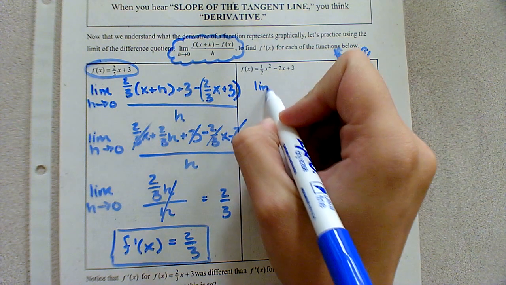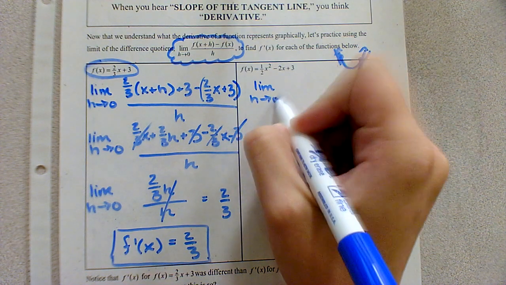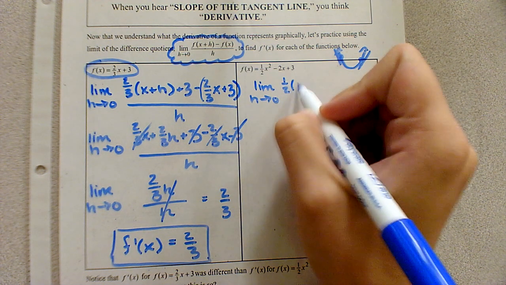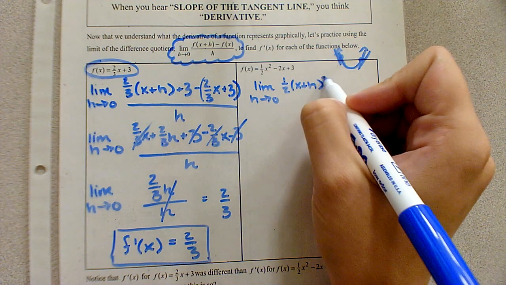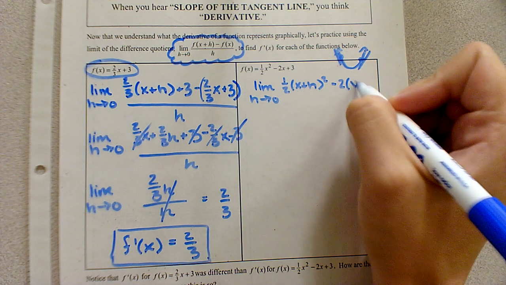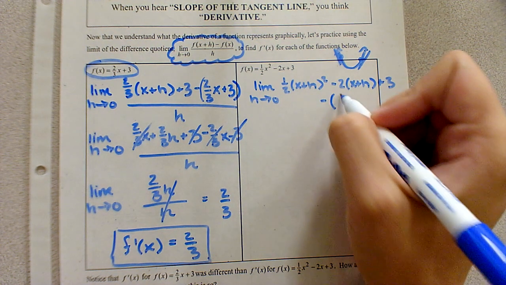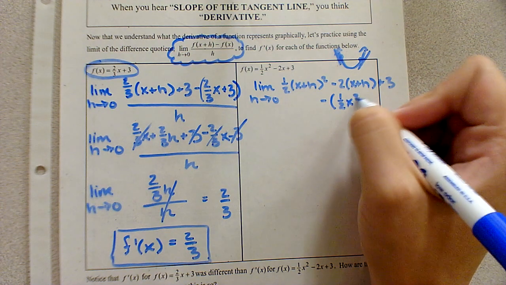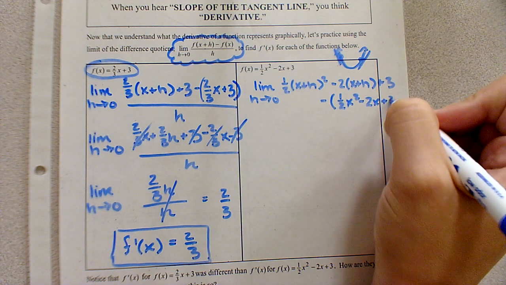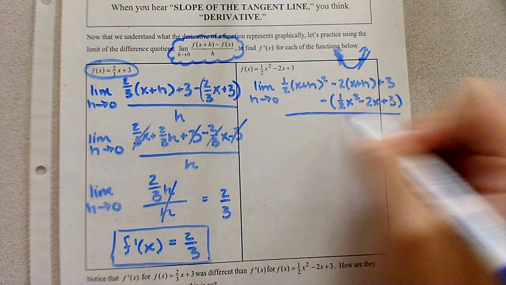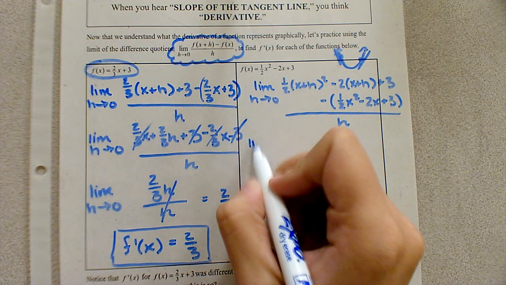So let's go ahead and set up our derivative limit. We're going to substitute in x plus h for all the x's, and then we will subtract the original function, and this is all over h.